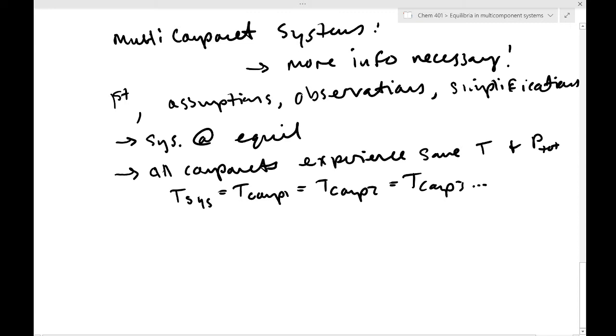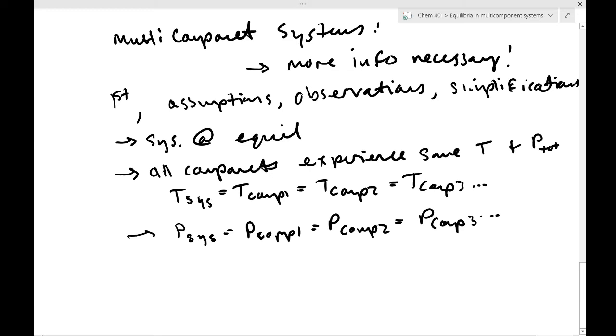So all of the components within the system experience the same temperature, and this makes sense if you think about it. All of the components of the system also experience the same total pressure. So the pressure of component 1 is equal to the pressure that component 2 experiences, is equal to the pressure that component 3 experiences, etc. Now be careful here, because this does not mean that the partial pressures of each of the components are the same.